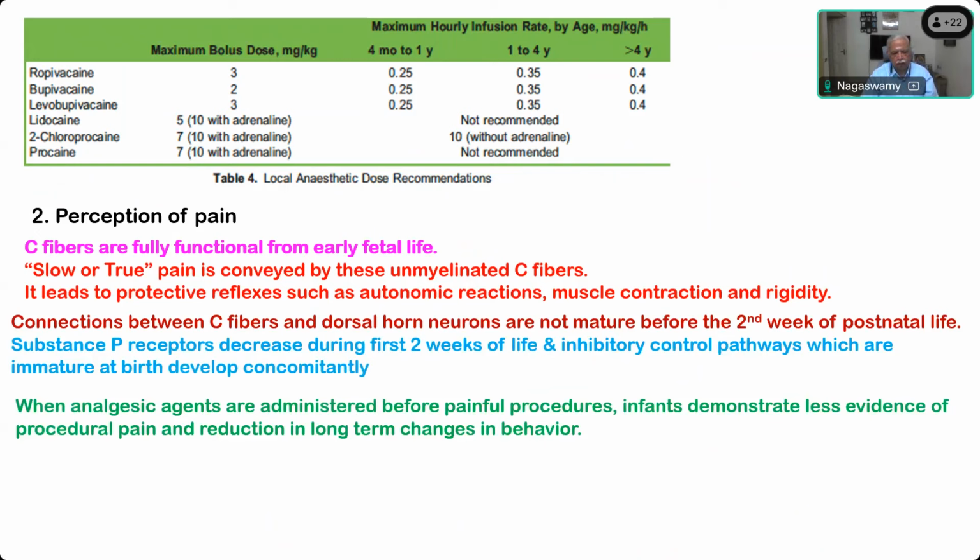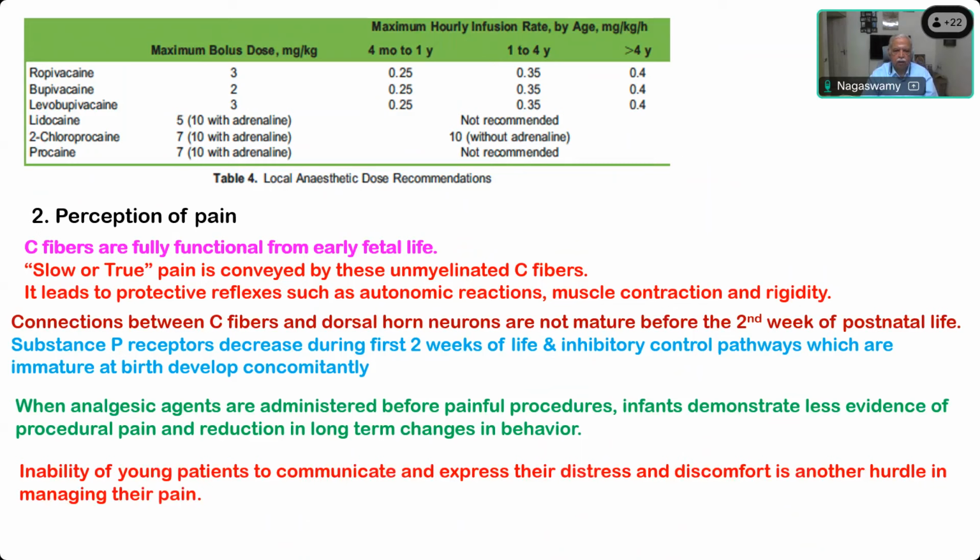So even before an IV puncture, to secure an IV line, if some analgesic has been given orally, that causes less stimulation in the children. And the long-term behavior is also not affected by these nociceptive stimuli.